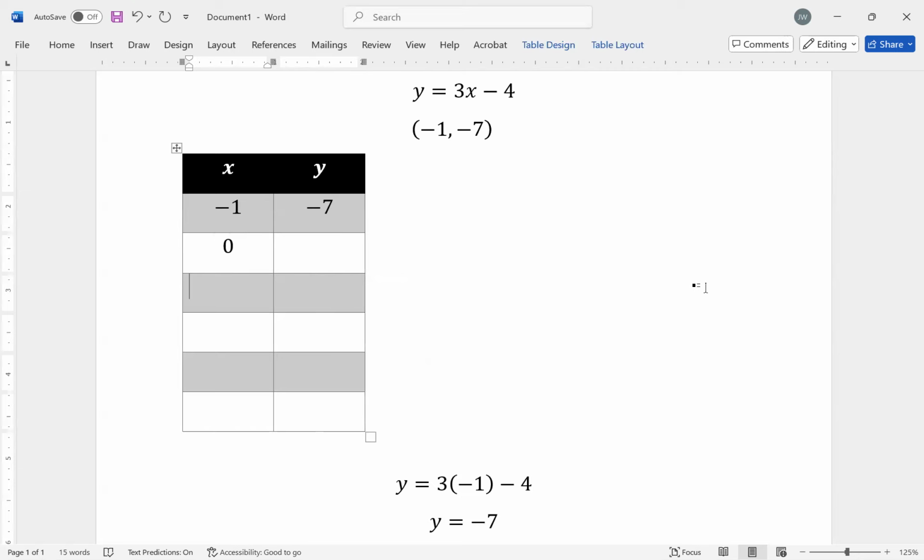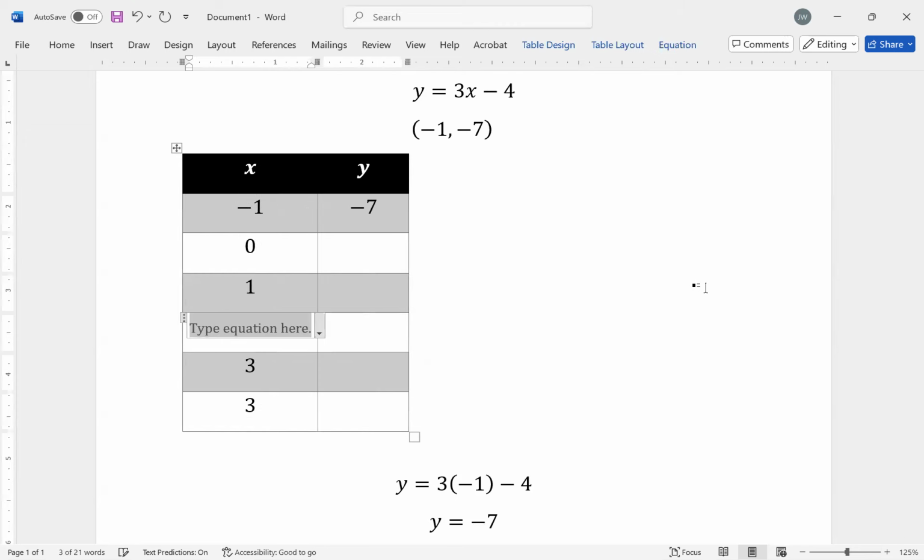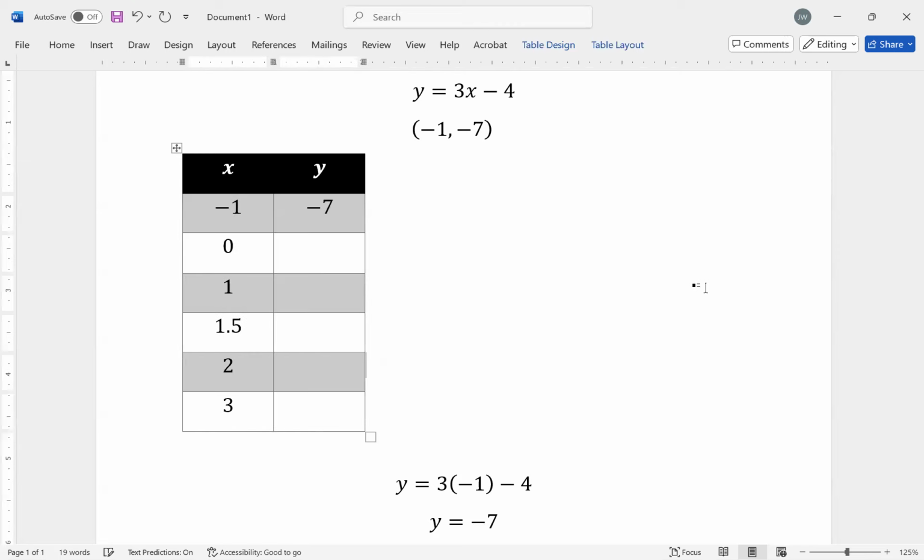Let's say we plug in an X value of 0, 1, 1.5, 2, and 3. I just want to emphasize you can plug in any numbers you want. They don't always have to be whole numbers, but a lot of times whole numbers, or integers, are nicer.